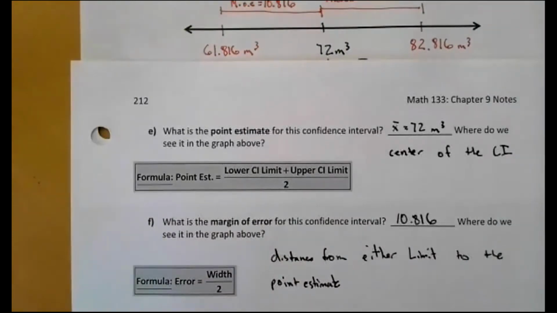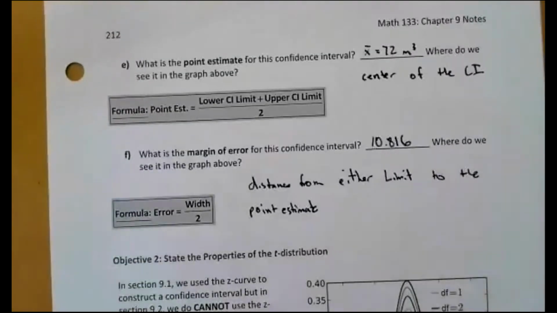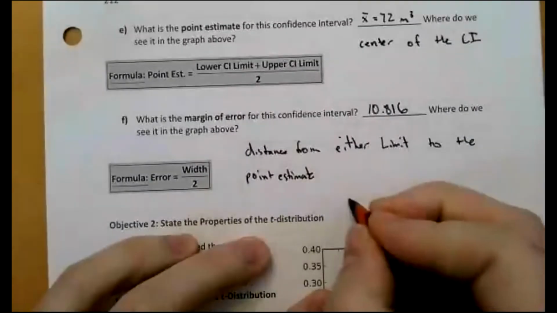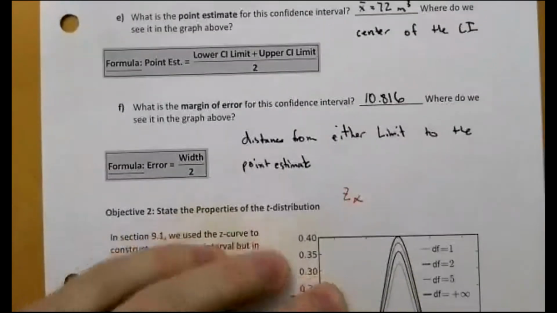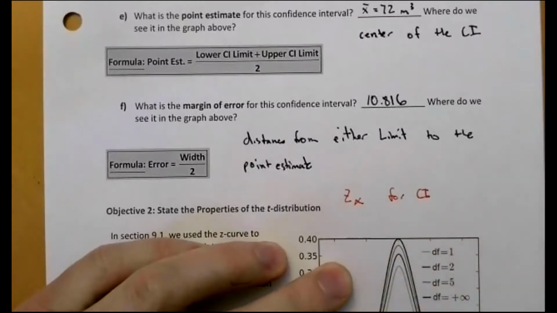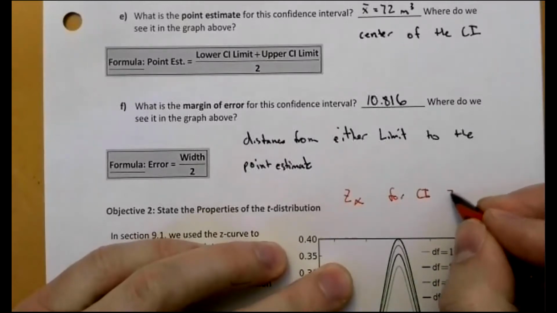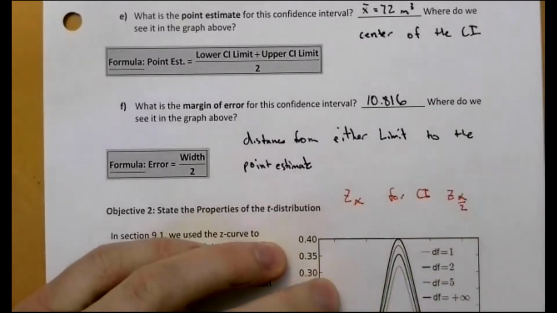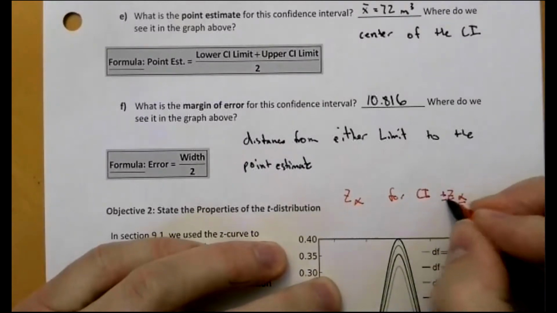Okay, so now things get a little crazy. For the proportions, we used z-scores, critical z values. Recall they look like this, z alpha. And for CIs, because we needed the upper and lower bound, we found z alpha divided by 2, and it was plus or minus that, right?